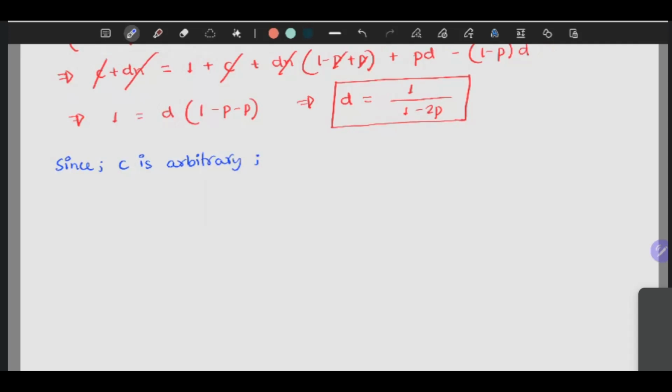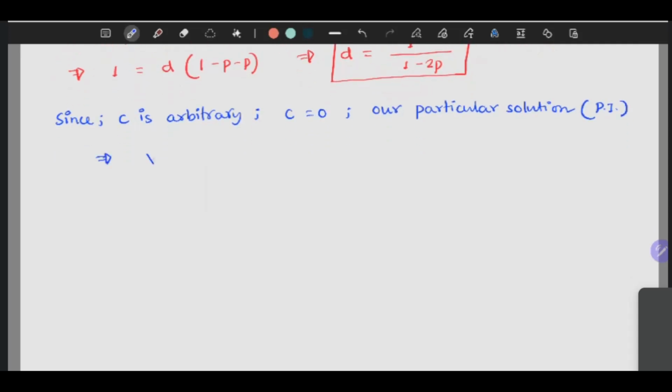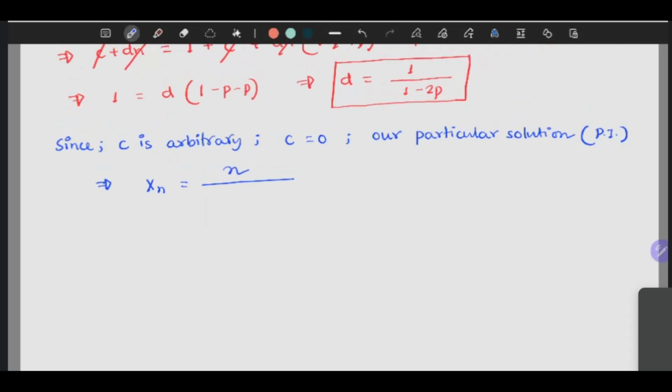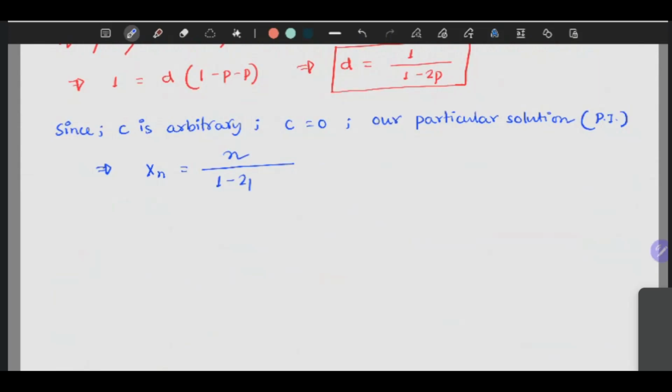And if you put c equal to 0, then our particular solution, which we call PI, becomes xn is equal to n by, so this was c plus dn, so d is this, (1 minus 2p). So this is equation number 1.